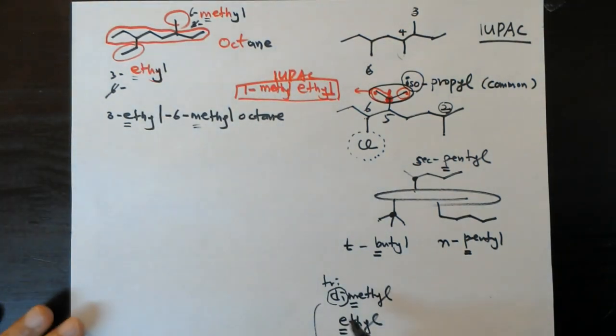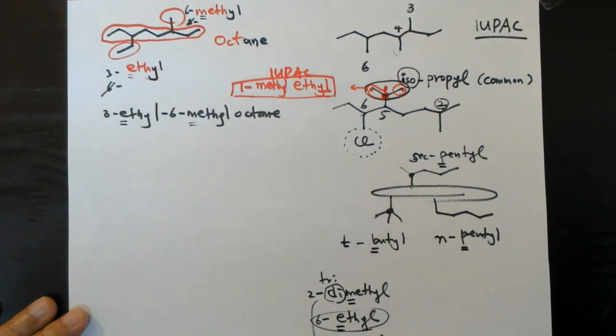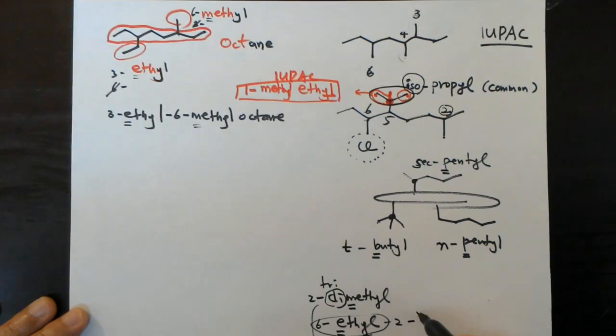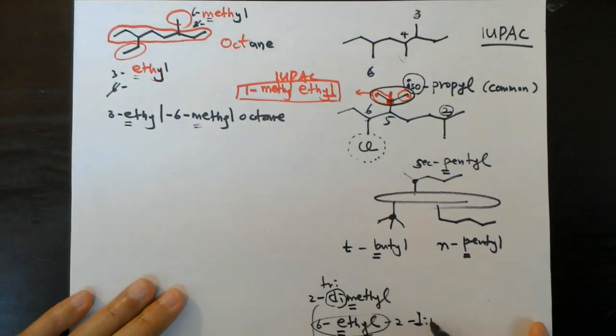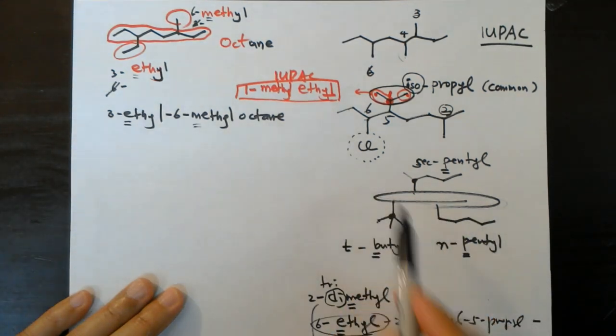So regardless of the number, say you have a 6 and 5 and 2 for that, regardless of number, this goes first, then M, so 2-dimethyl, then 5-propyl, then there goes the name for the main chain.